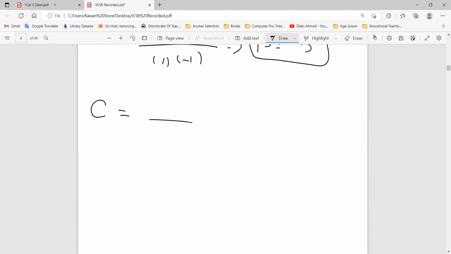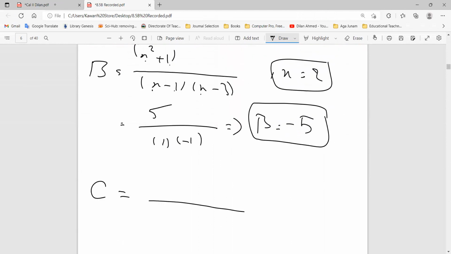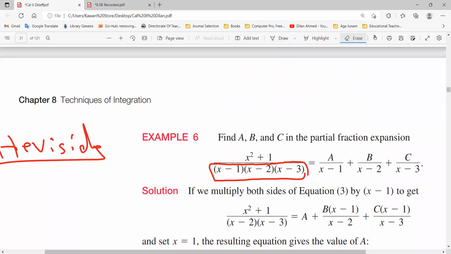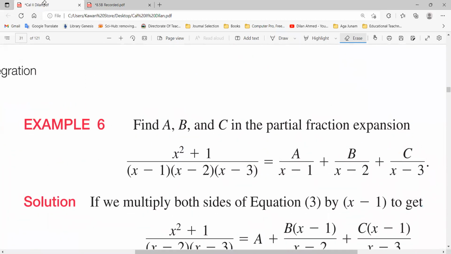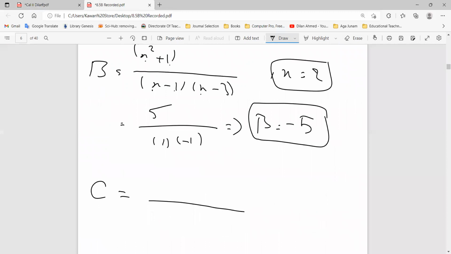Find C. C equals what? Here's the question. x squared plus 1 over x minus 1, x minus 2, with x equal to 3.